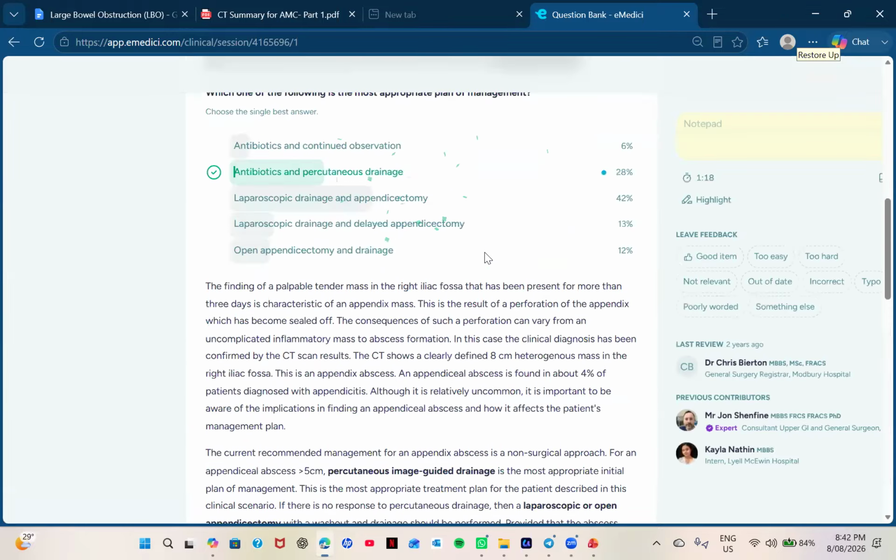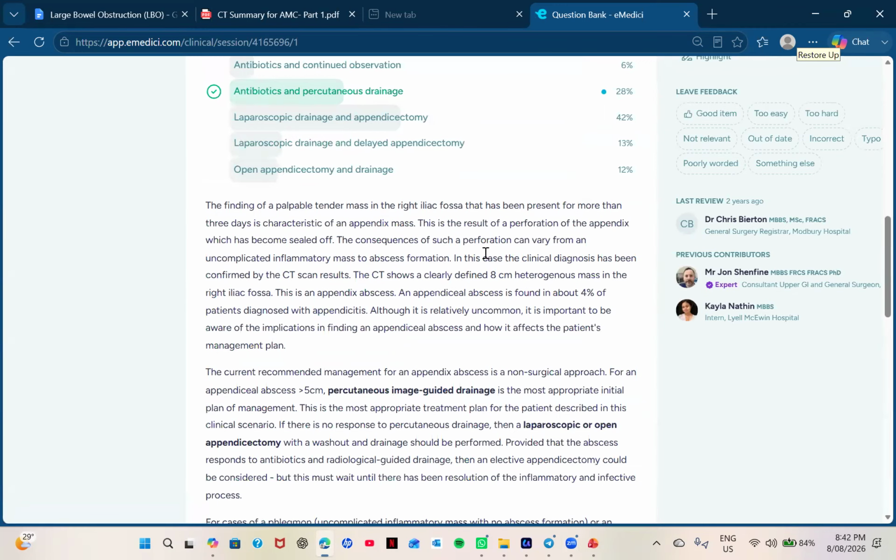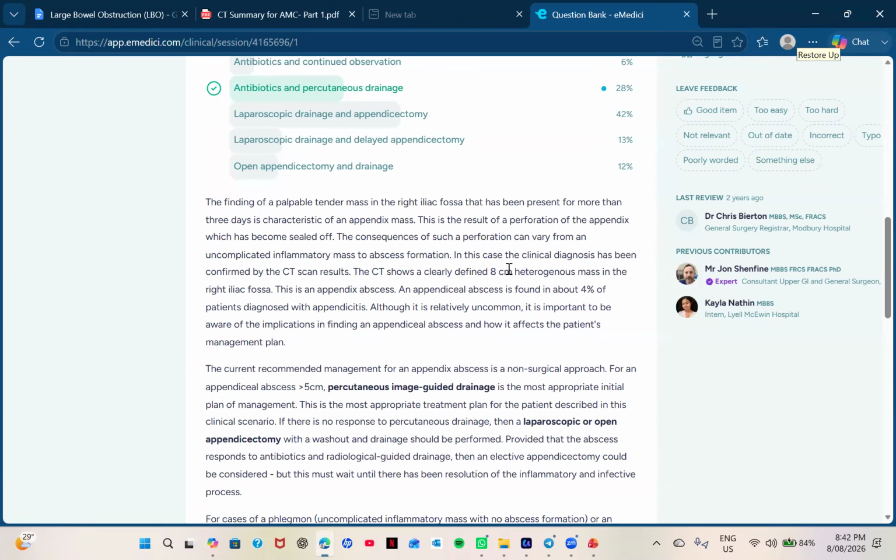Let's see. Yeah. Okay, the finding of a palpable tender mass in the right iliac fossa present for more than 3 days is characteristic of an appendix mass. Here they have mentioned appendix mass. This is the result of perforation of the appendix which has become sealed off. The consequences of such perforation can vary from uncomplicated inflammatory mass to abscess formation.